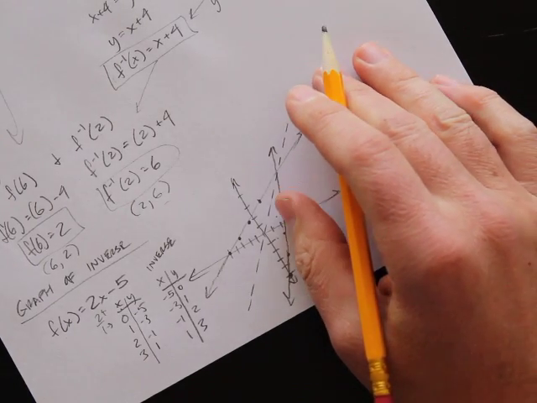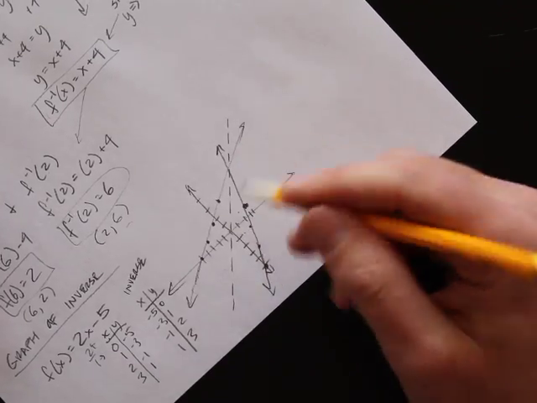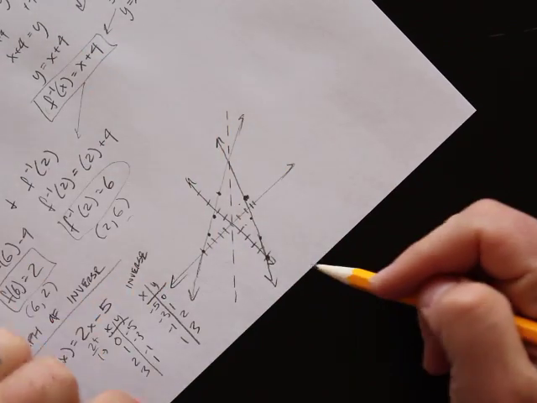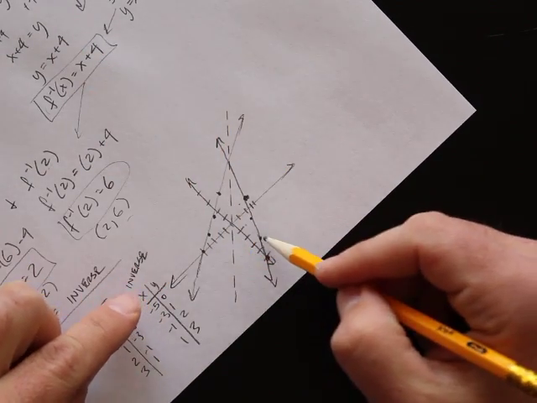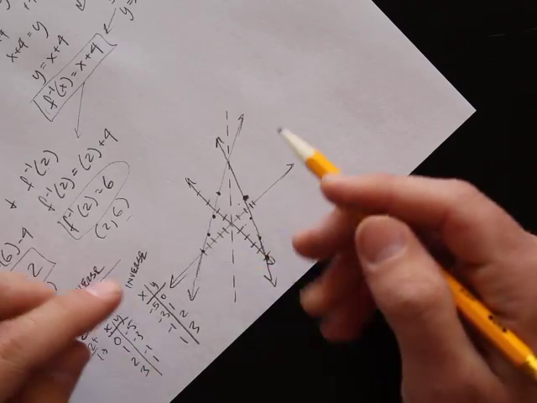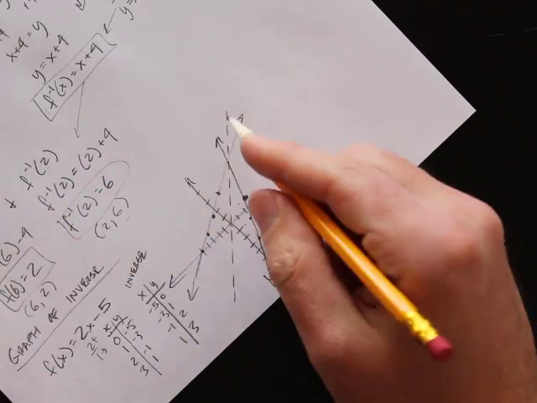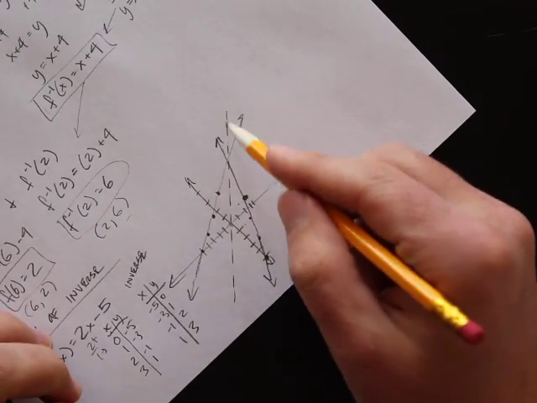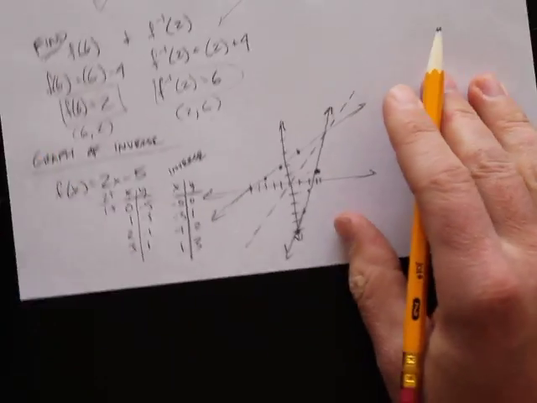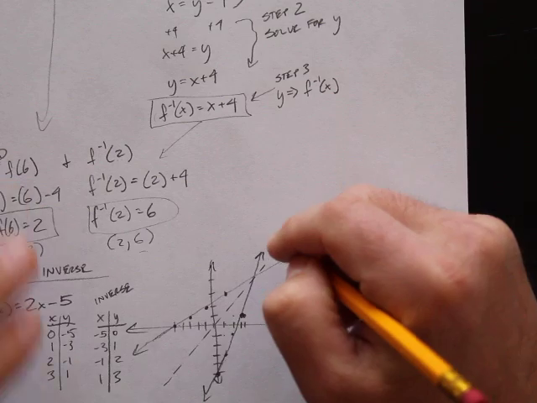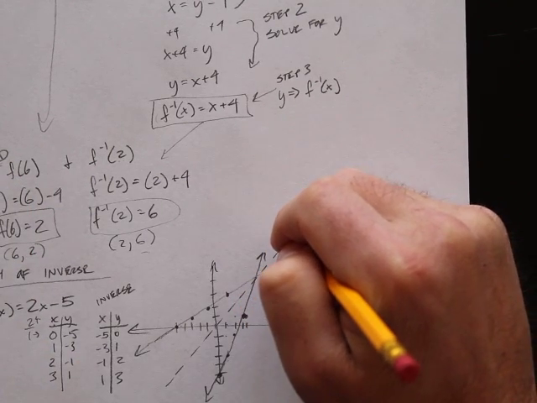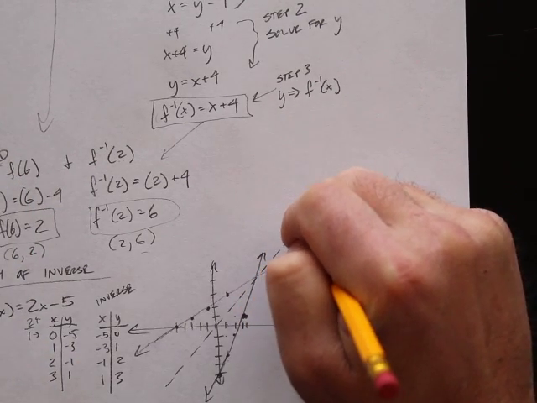And I should have perfect symmetry if I were to look at these lines here. The f of x and the inverse of f of x should be perfectly symmetrical, or mirror images of one another, over this line here. This line is y equals -x or -y equals x.